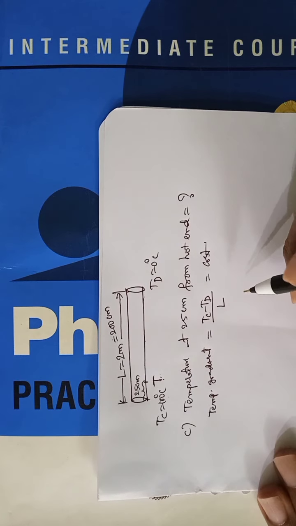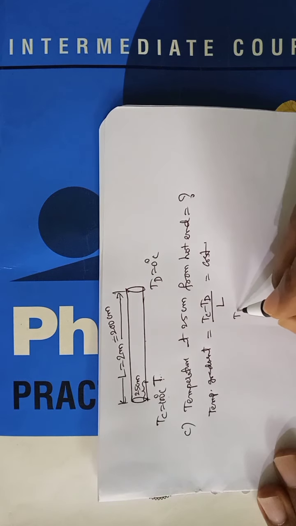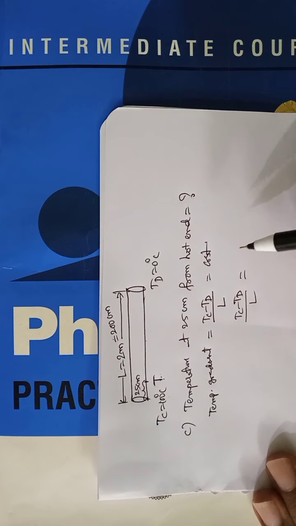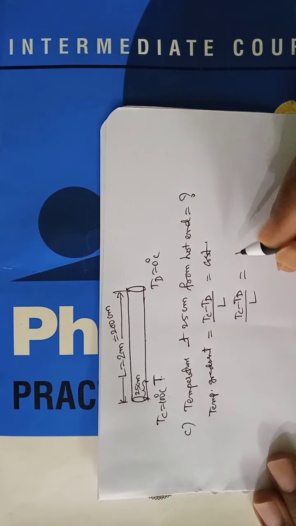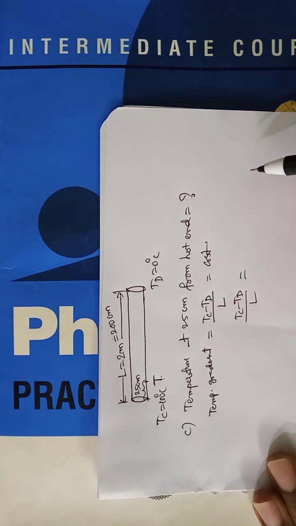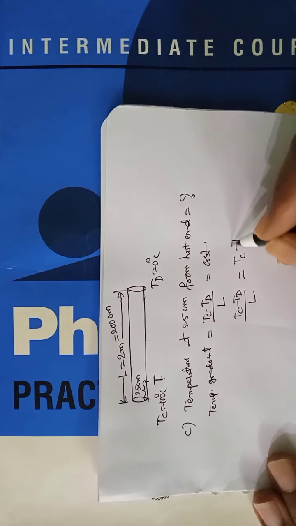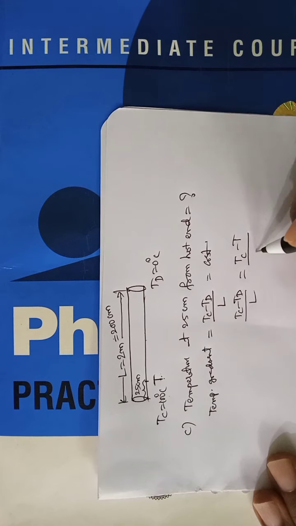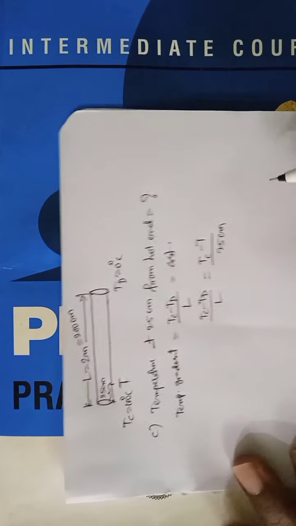So now what shall we do? Tc minus Td by L is equal to Tc minus T. Suppose here the Tc minus T by distance 25 centimeters.